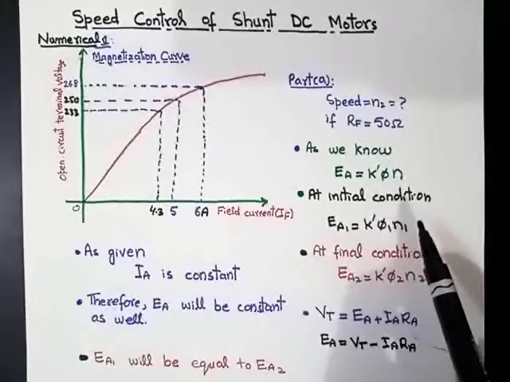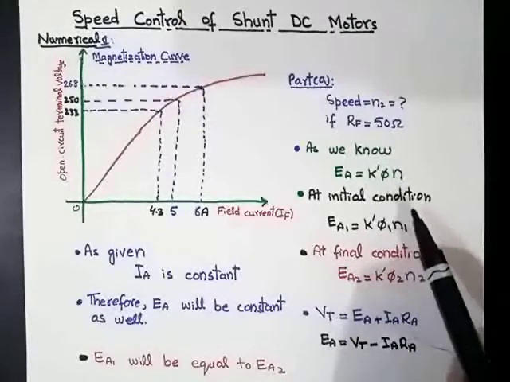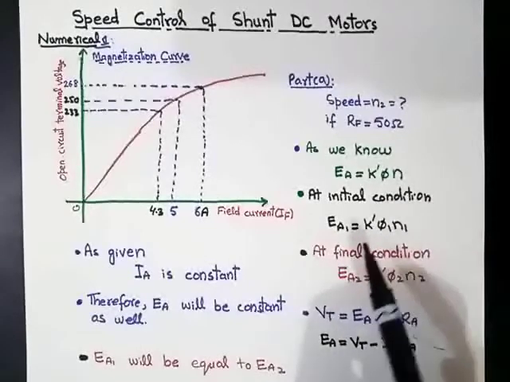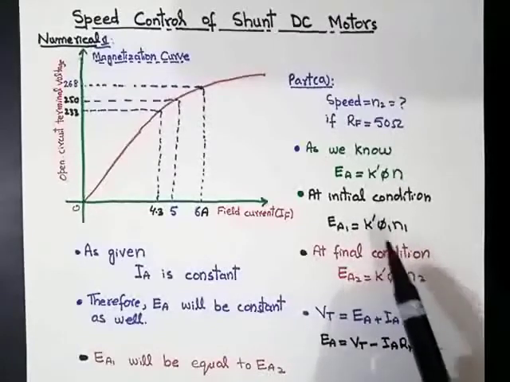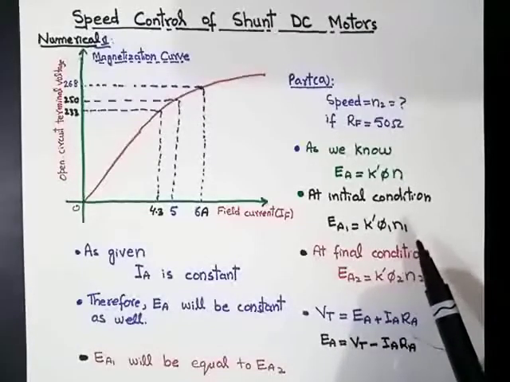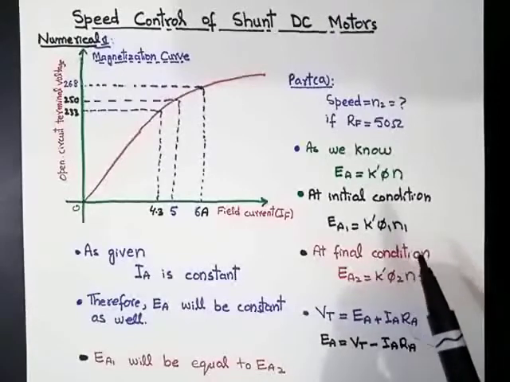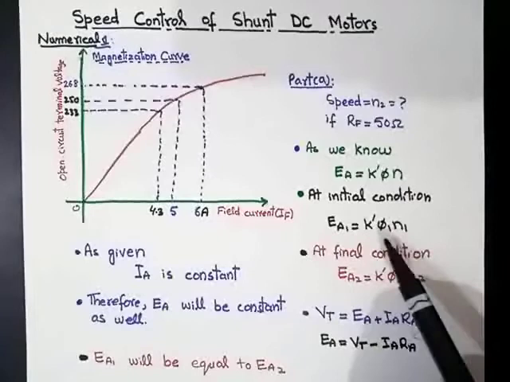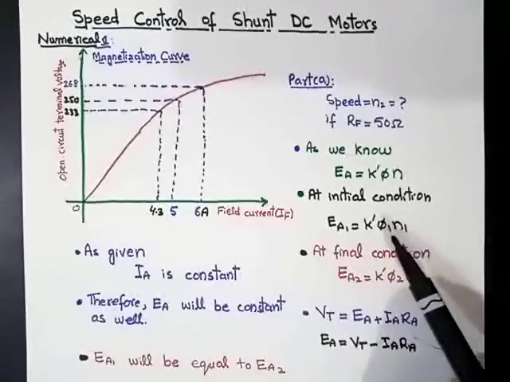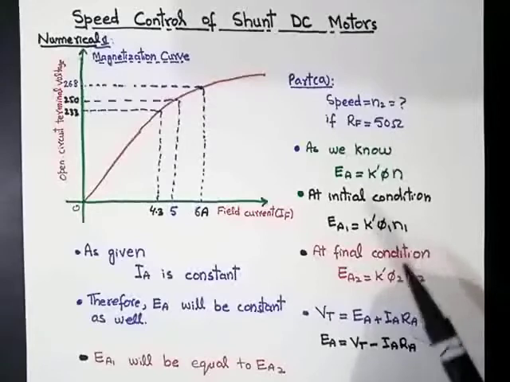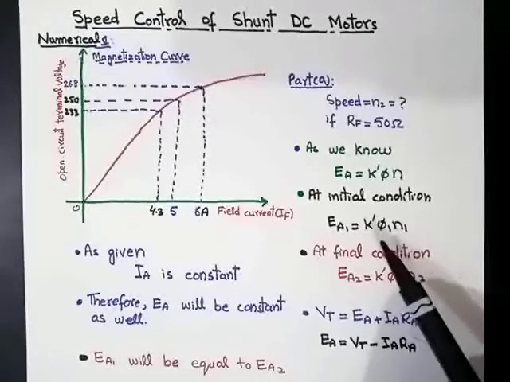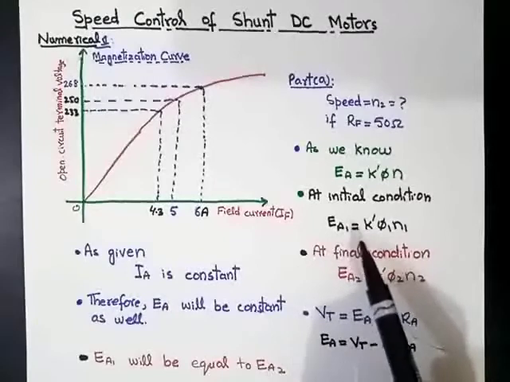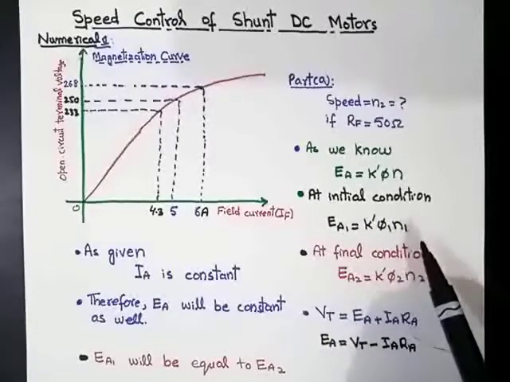At the initial condition, when RF is equal to 41.67 ohm, the internal generated voltage EA1 is equal to K dash flux 1 into N1, because when the value of field resistance changes, the flux will change as well. It means the flux is not constant, because here we are changing the field resistance.